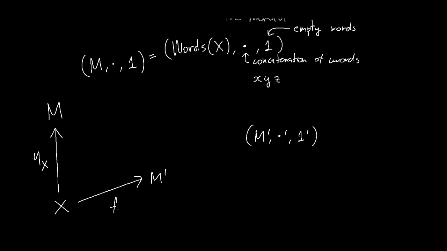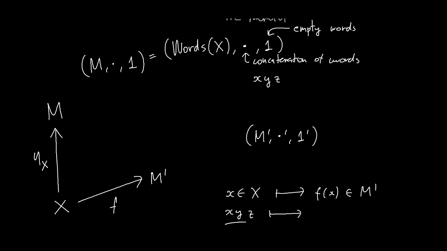So let's say this function is f. For every x in X, we now have a corresponding value f of x, which is in M prime. Of course, this function f doesn't have to be injective. It could also be that several elements map to the same element. And then things like x, y, z will obtain some kind of value in M prime.